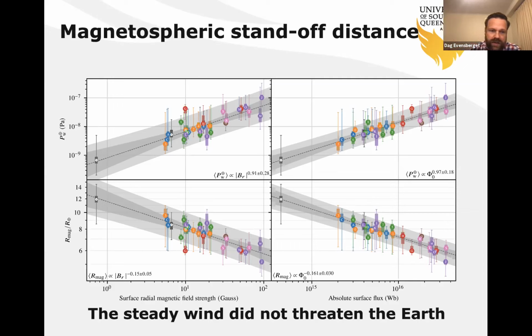It's often said that this value has to be under 4 before there is a real risk of atmospheric erosion and these kinds of phenomena. We don't really see, even for the most rapidly rotating and magnetically active youngest stars, that there is a strong risk of that, at least for the steady state winds that I am modeling here.